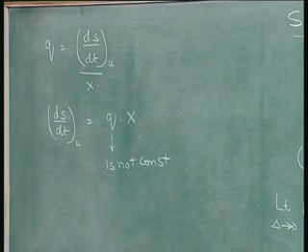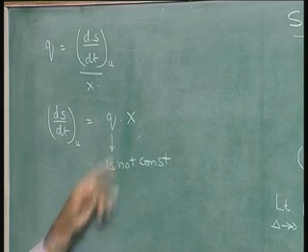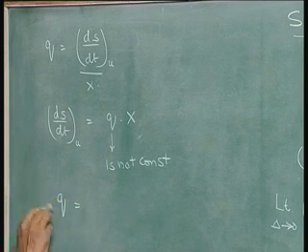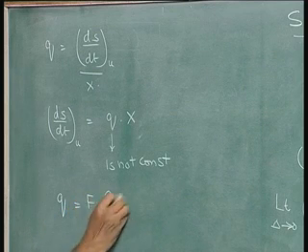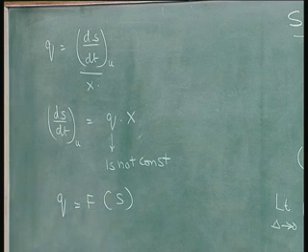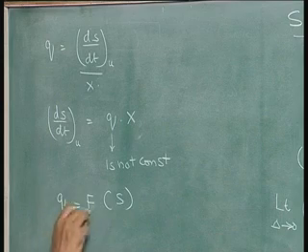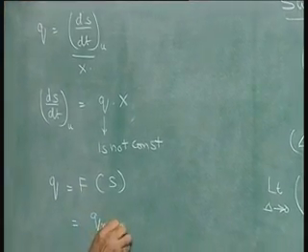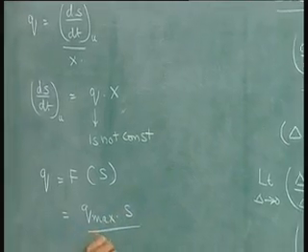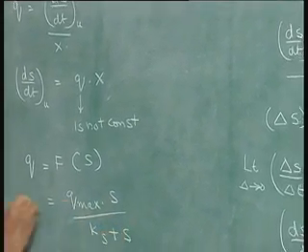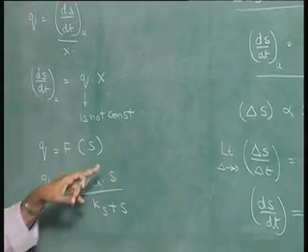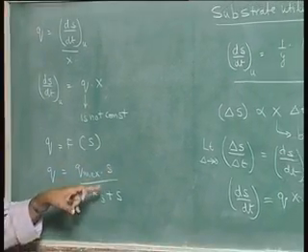Mu is not a constant, so Q is also not a constant. Q is a function of substrate. This functionality is given by Q is equal to Q max multiplied by S over Ks plus S.